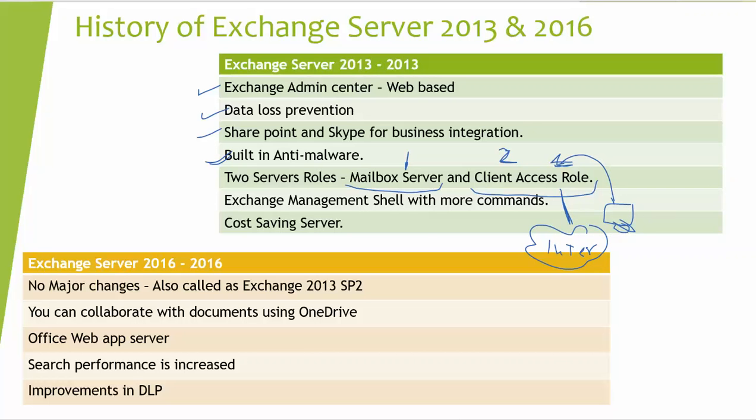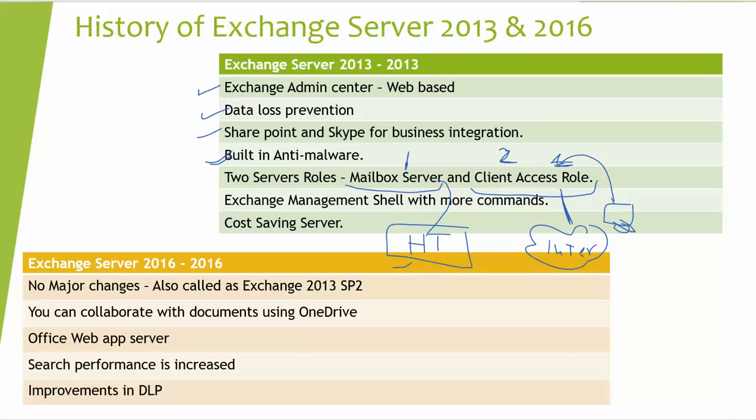And this mailbox server role is performing the hub transport role work, sending and receiving emails inside your organization, same as Exchange 2007 and 2010. And the other thing that the mailbox server role is doing is performing the mailbox transport service. This service passes email messages between the hub transport service and mailbox databases.